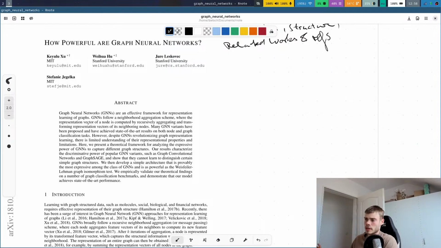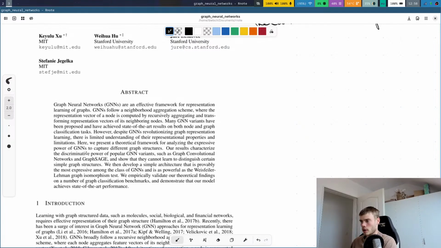Here, we present a theoretical framework for analyzing the expressive power of GNNs to capture different graph structures. Our results characterize the discriminative power of popular GNN variants such as graph convolutional networks and GraphSAGE, and show that they cannot learn to distinguish certain simple graph structures.